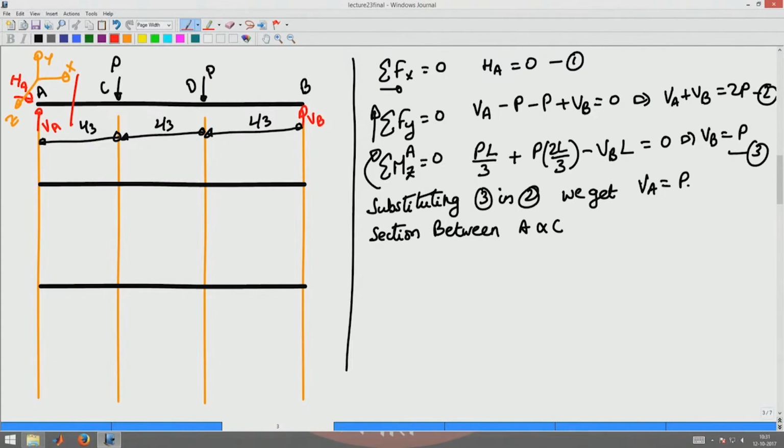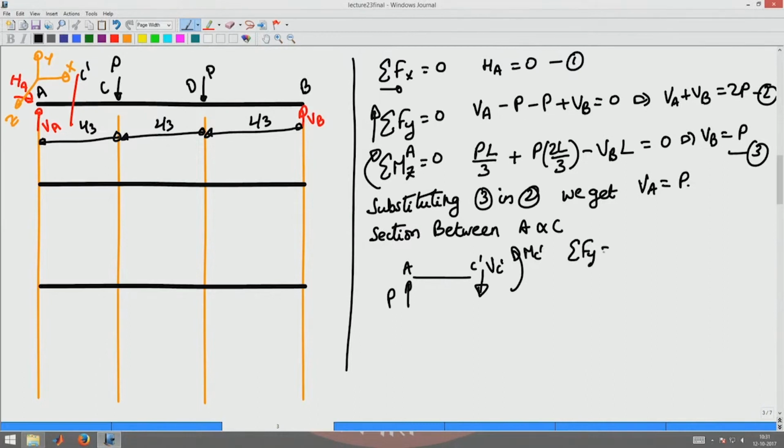So, basically, let us call this section C prime, with the segment A C prime, and at A there is a reaction force P. The force and moment equilibrium of this cut section will tell me the shear force V C prime and the moment M C prime, which is got from the vertical force equilibrium of this section.